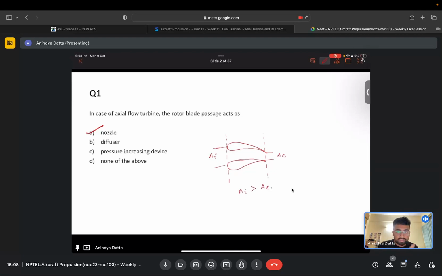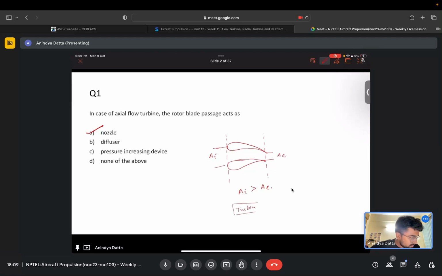Mainly, the flow through the turbines is nominally subsonic. Okay, so this is your turbine.